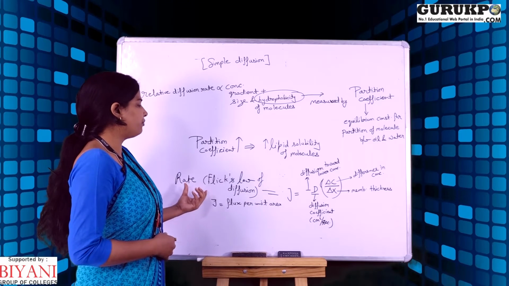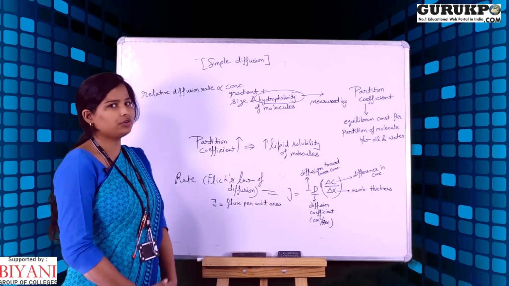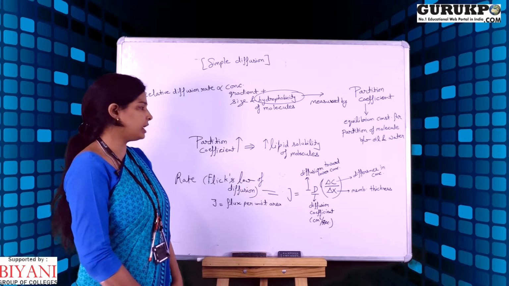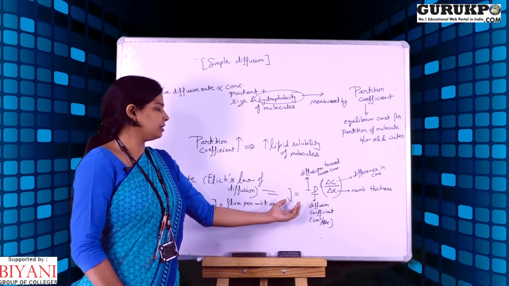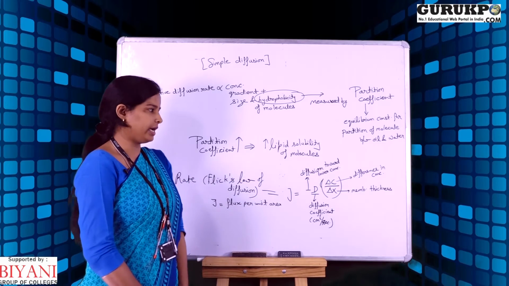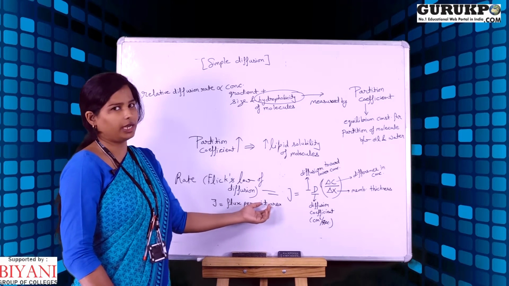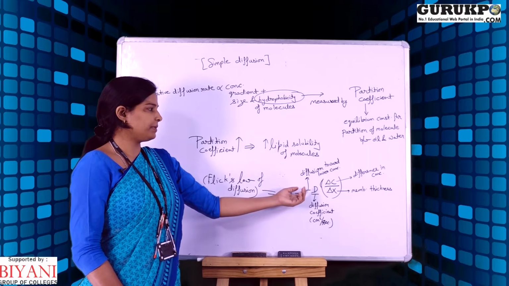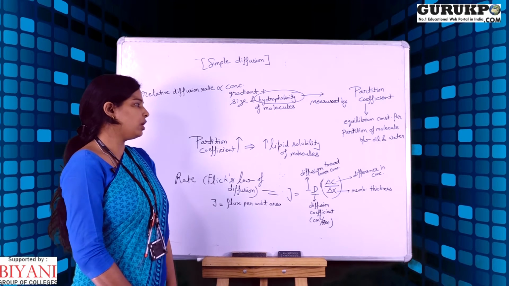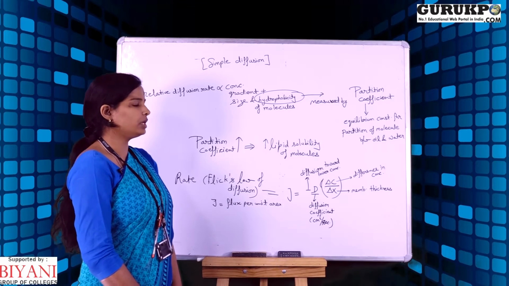The rate of diffusion can be measured by Fick's law of diffusion. The scientist Fick gave the diffusion rate by the equation J equals minus D delta C upon delta X. Here J represents the flux per unit area. The negative sign represents that molecules will diffuse toward the lower concentration.